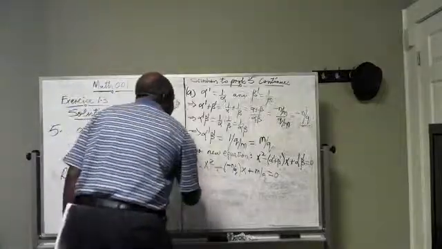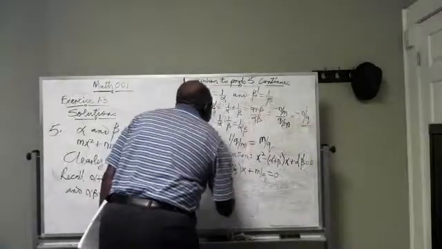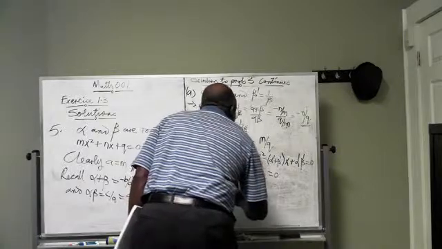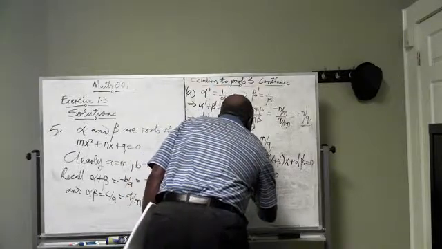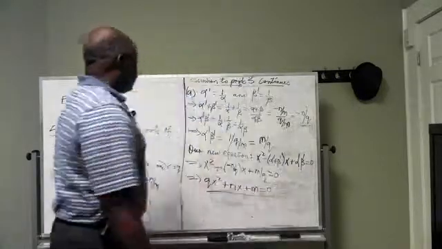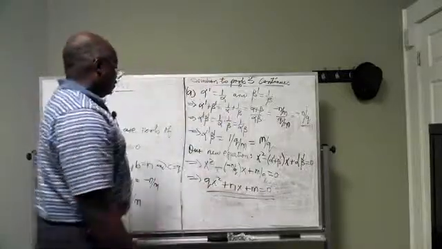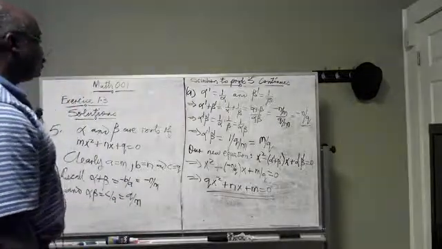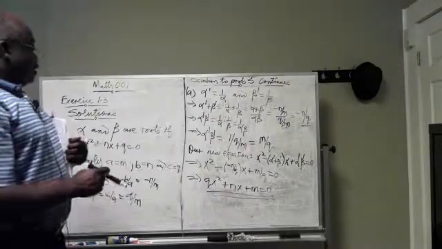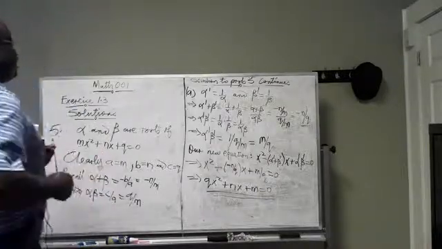Now if we further simplify, this will give us qx squared plus nx plus m equals 0. And that's the solution to problem 5a.